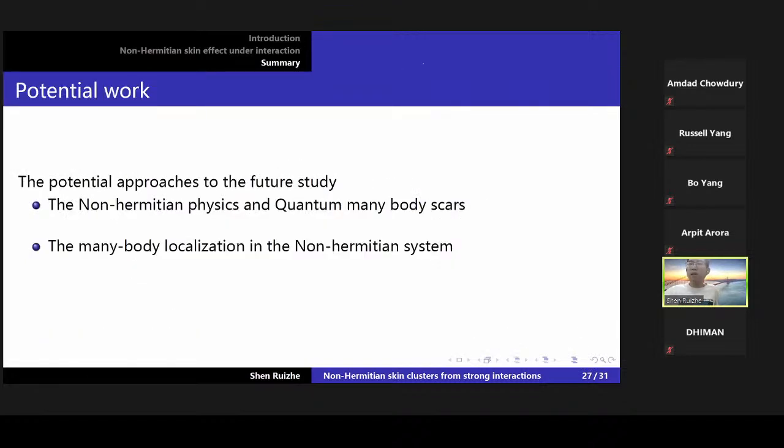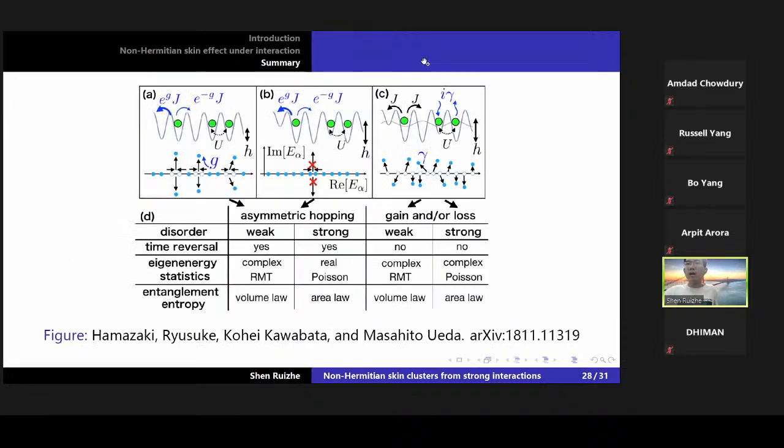Then I'd like to introduce some potential relation between our model and many-body localization. I think our model can be a candidate platform for many-body localization. What I'd like to mention is that there is some research that focuses on disorder in non-Hermitian systems, but they just use symmetric hopping and on-site gain and loss.